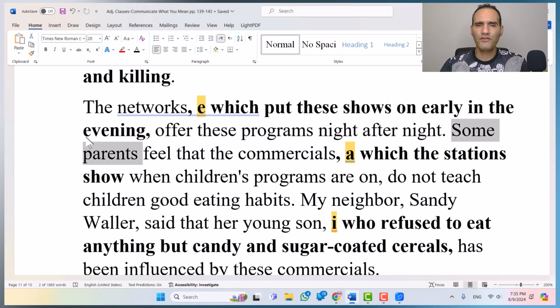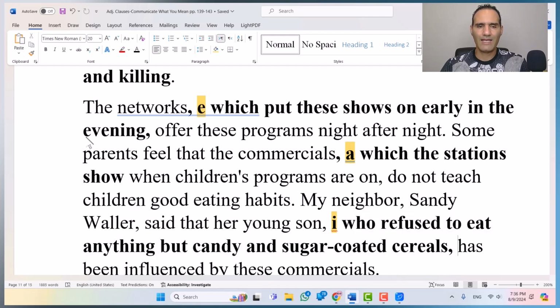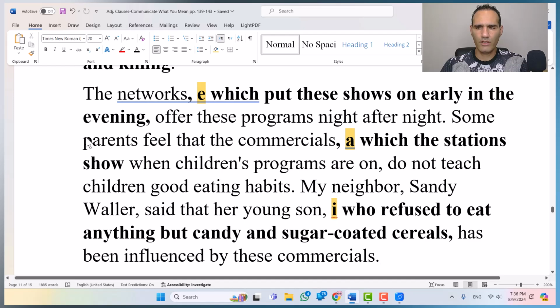So the phrasal verb is "put on." Some parents feel that the commercials which the stations show when children's programs are on do not teach children good eating habits. My neighbor, Sandy Waller, said that her young son, who refused to eat anything but candy and sugar-coated cereals, has been influenced by these commercials.